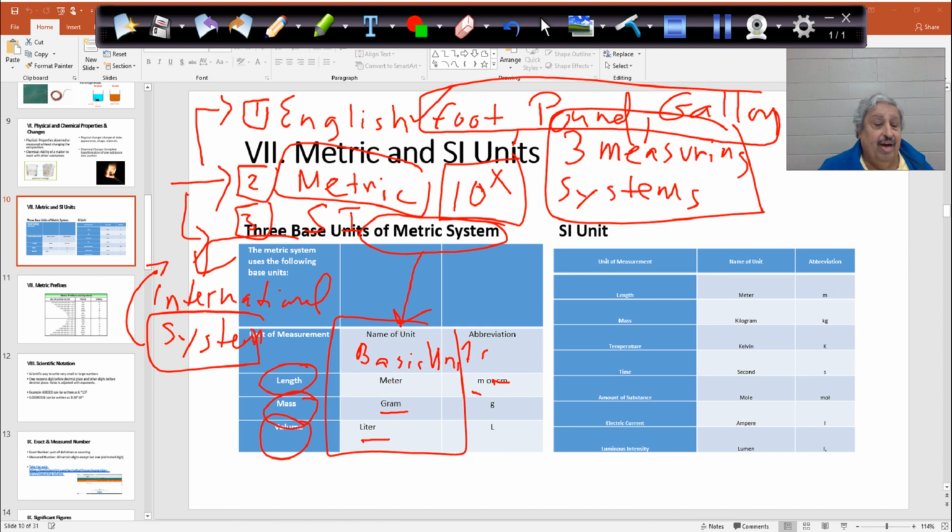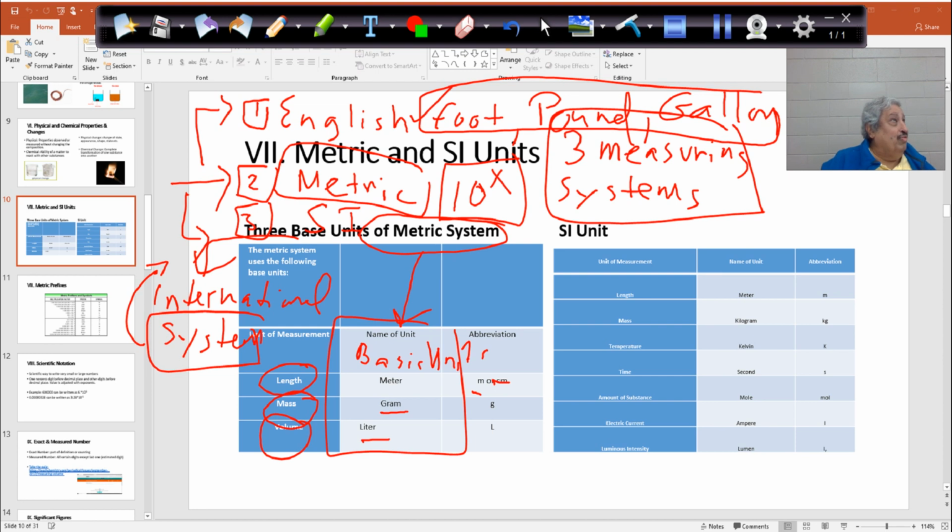Now, how many liters in 1 gallon? So the gallon is big, correct? Gallon of milk. So how many liters is that? Somebody will tell me. Can you guess? The gallon of milk, how many liters?